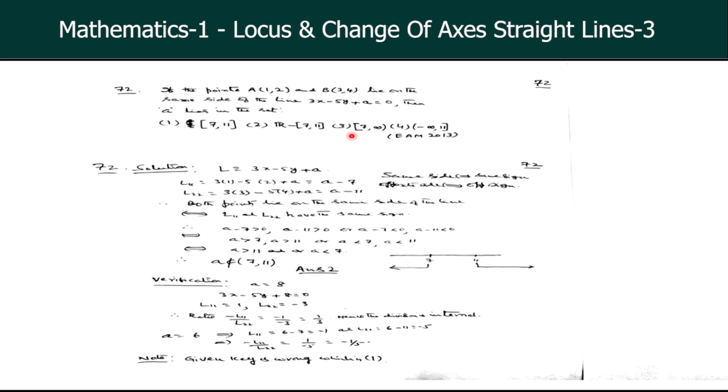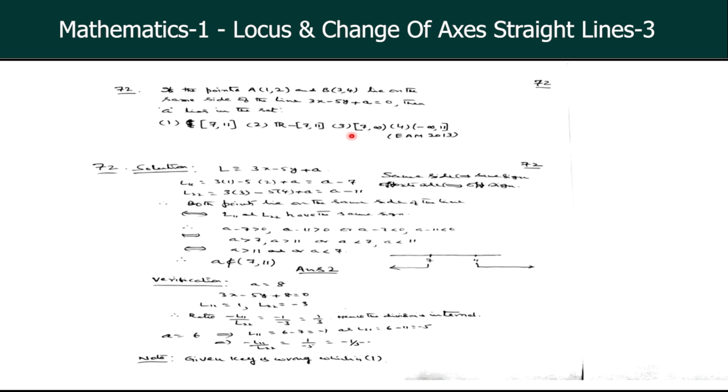All of you know that if L equal to 0 is a straight line and (x1, y1) is a point, then L11 means in the line expression you replace x with x1 and y with y1.